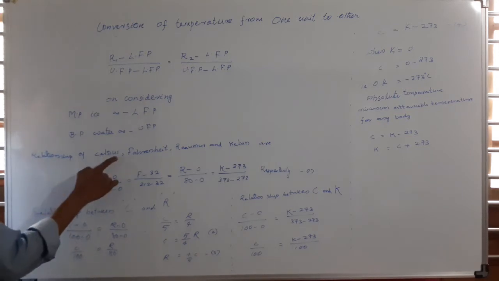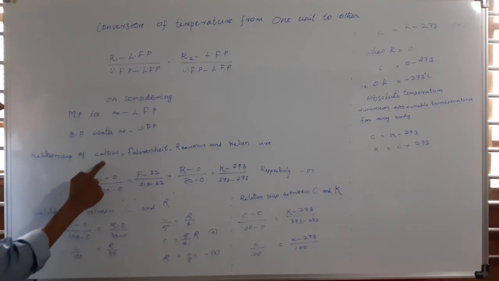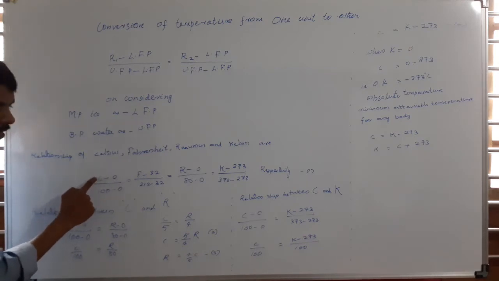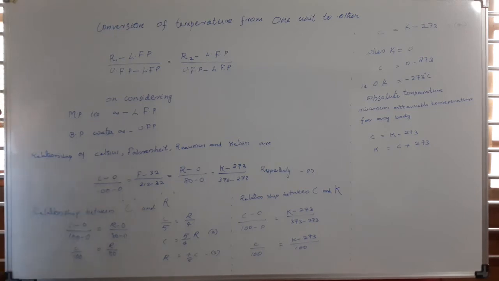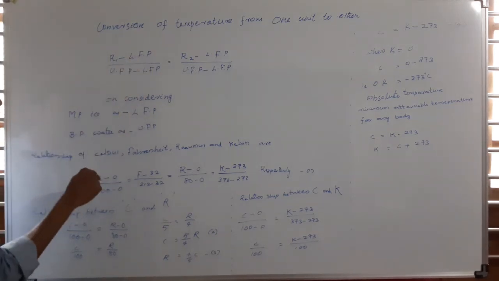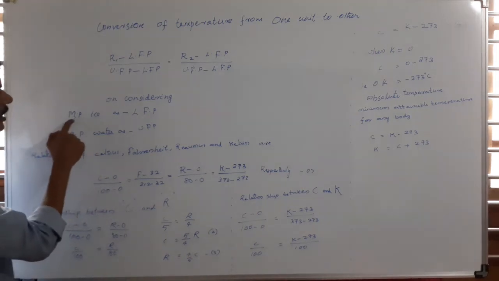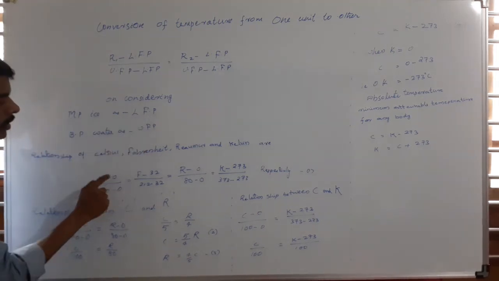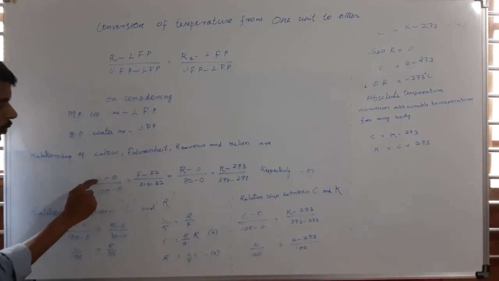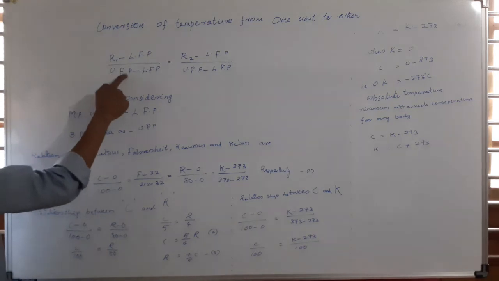Now we are looking at the Celsius. R1 is the reading of the Celsius scale, so C stands for the reading of the Celsius scale minus the lower fixed point in the Celsius scale. The lower fixed point in the Celsius scale, considering the melting point of ice, is nothing but 0. So (C minus 0) divided by UFP.